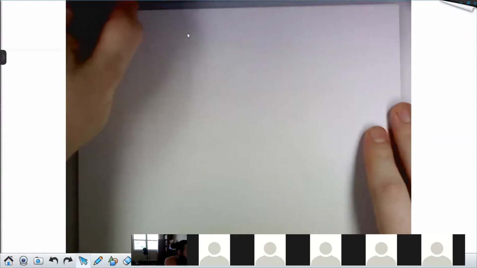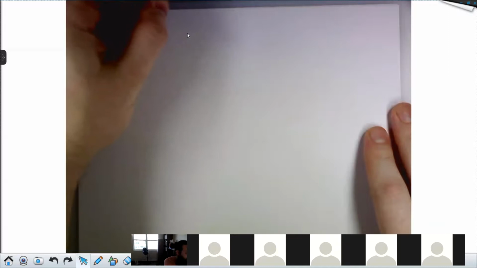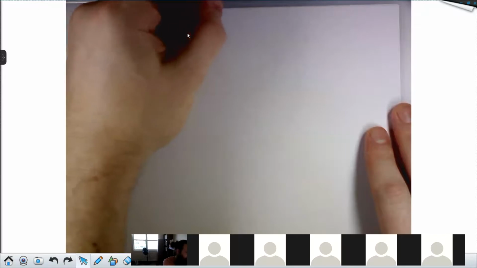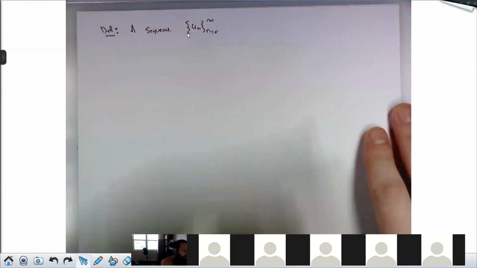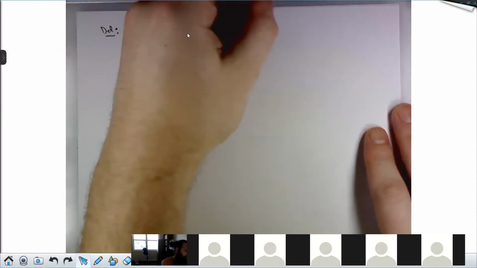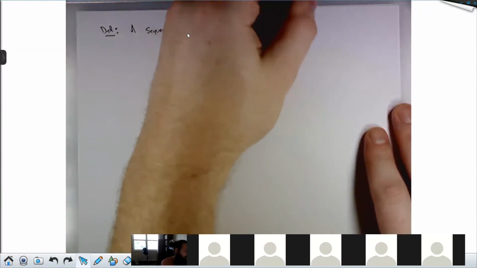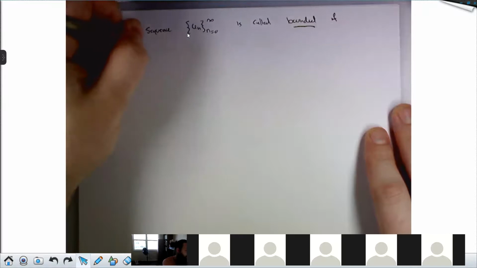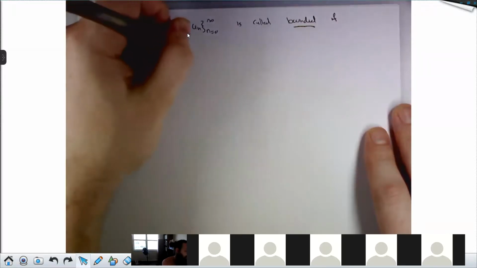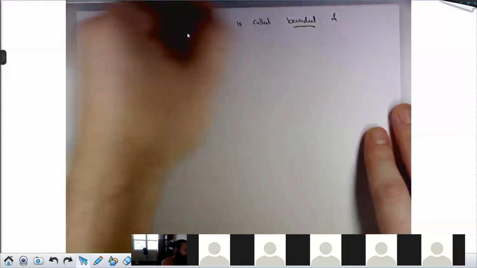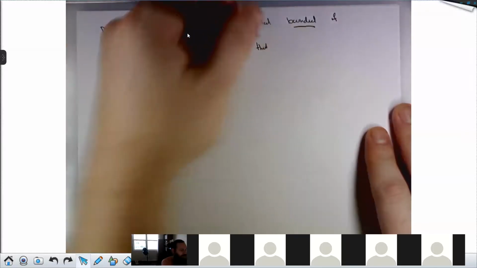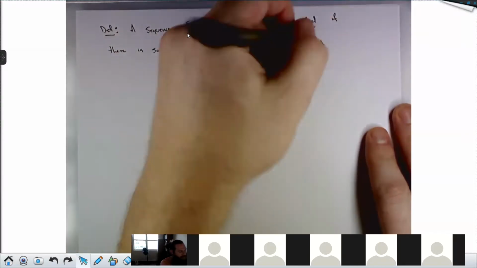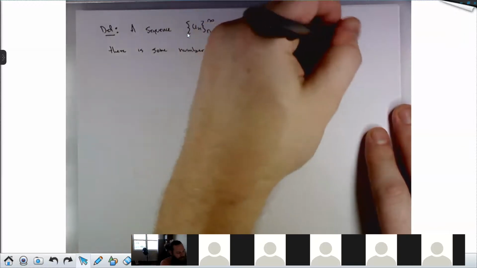Bounded sequences. A sequence a_n, and it could start wherever, I'll say n from 0 to infinity, but it could start at 1 or 5, is called bounded if there is some number m such that the absolute value of a_n is never larger than m, say less than or equal to m for all n.